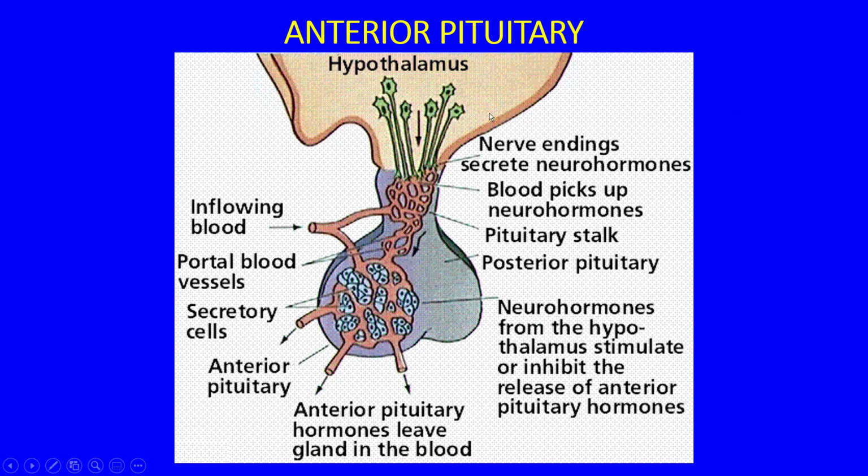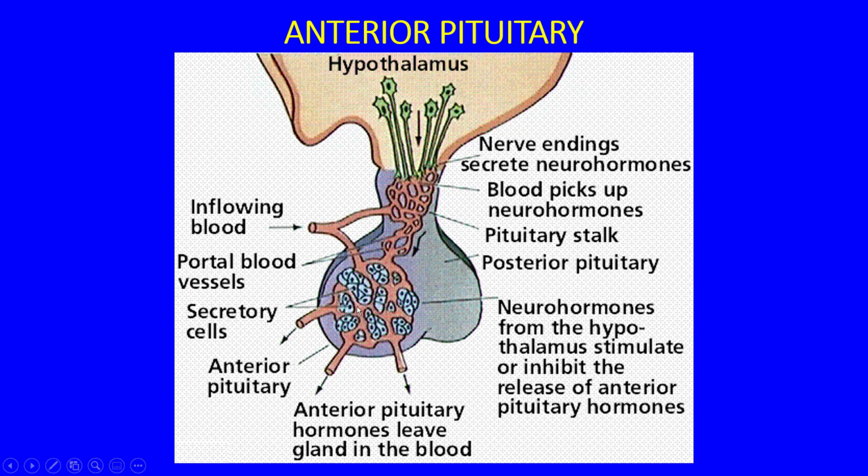And as you can see here, there's a big difference between the posterior pituitary and the anterior pituitary. The hypothalamus here will have relatively shorter axons, which will then release their releasing hormones into this initial capillary network, which will travel down the portal blood vessels to the second capillary network here in the anterior pituitary.